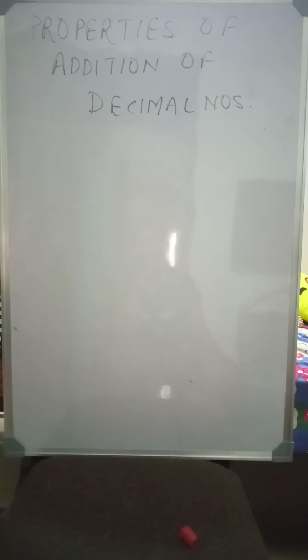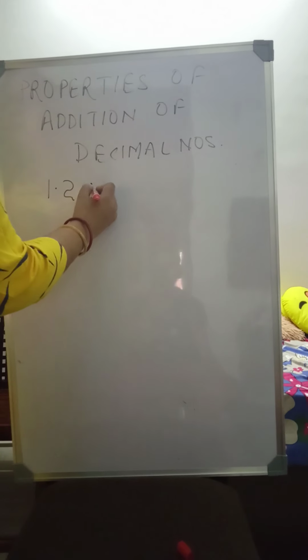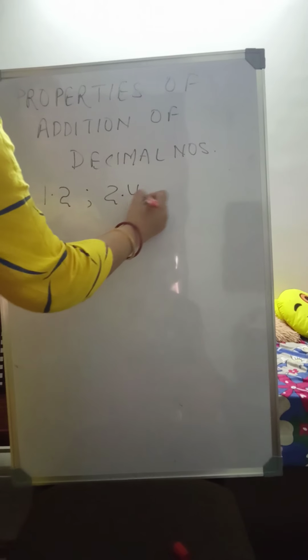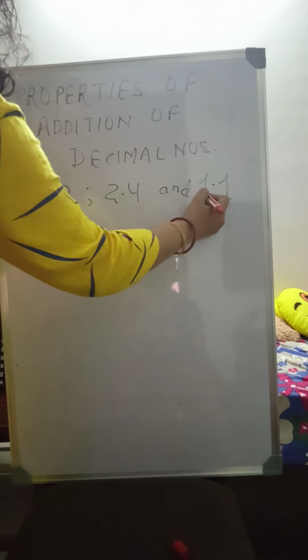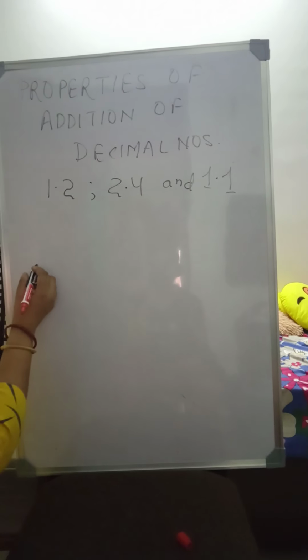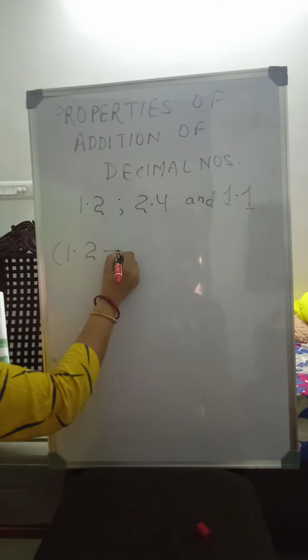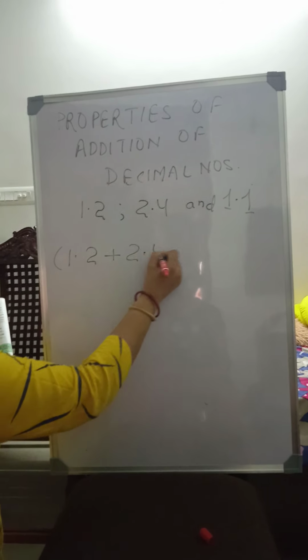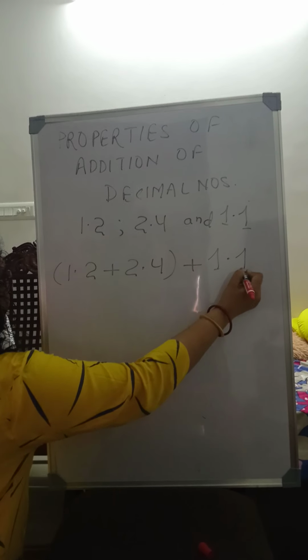Let us clarify it with another example. Let us add 1.2, 2.4 and 1.1. Right? So here all of you see, we are making a group: 1.2 plus 2.4, the first group, added with 1.1.